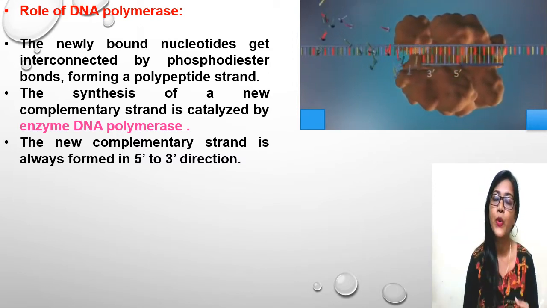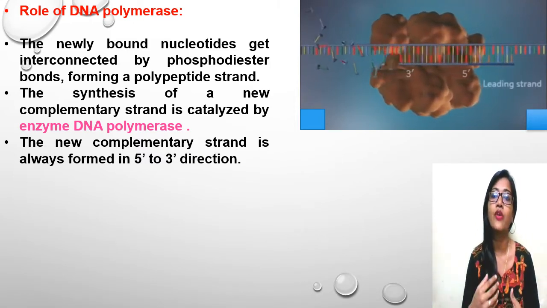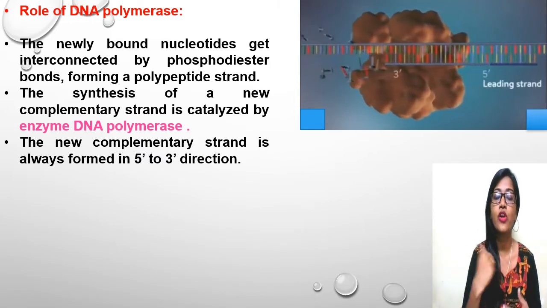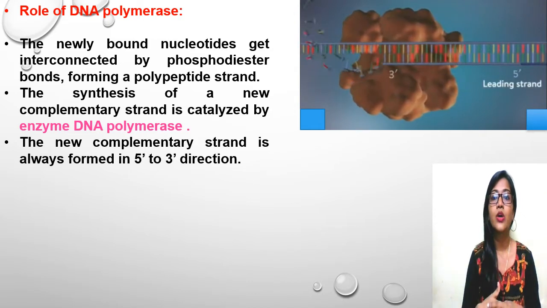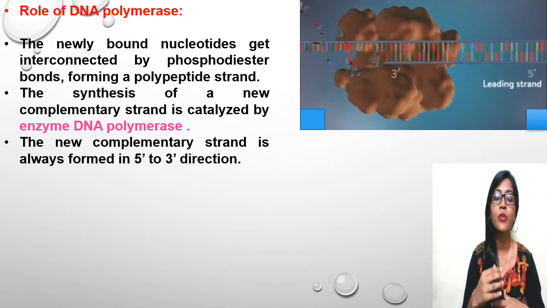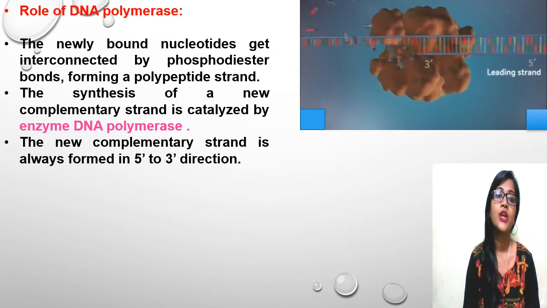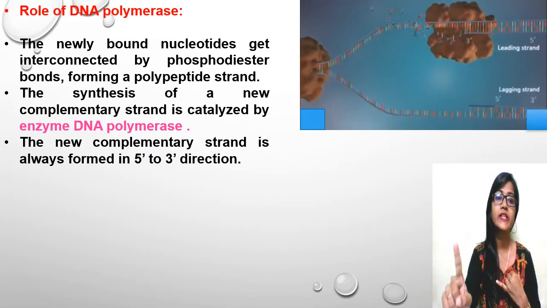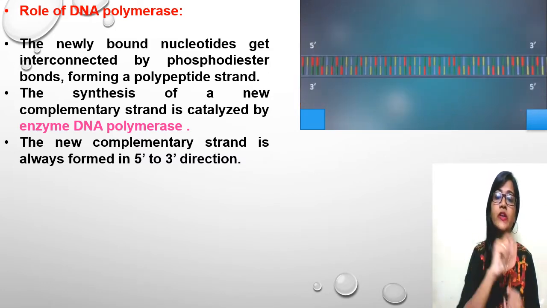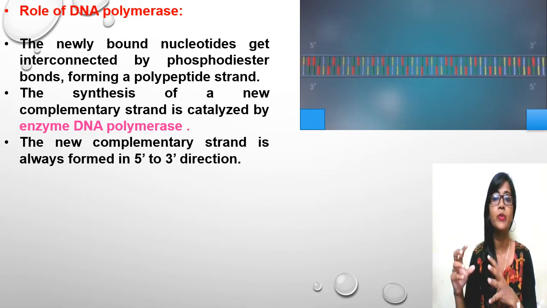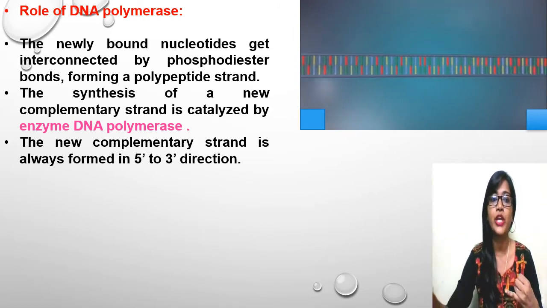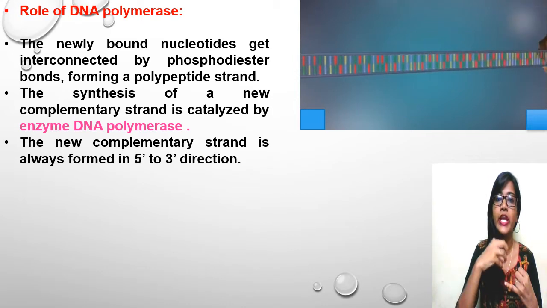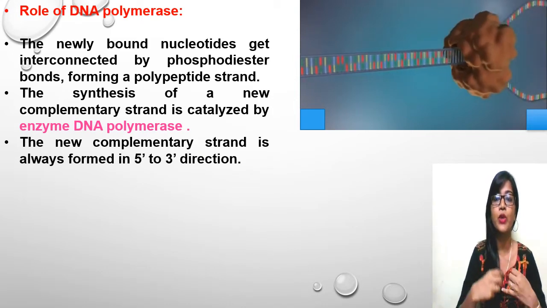So during this process, that is, formation of a newly formed DNA from the old strand, there is formation of a new strand, so during this process the DNA polymerase reads the existing strand. You can observe in the diagram that the DNA polymerase is reading the information present on the existing strand, that is, the old strand.